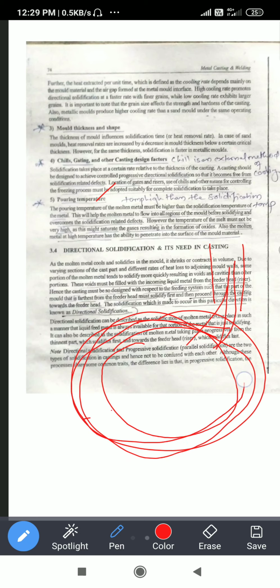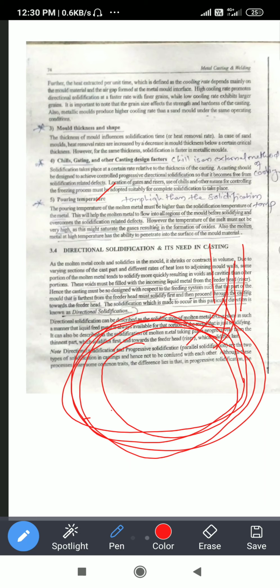Whatever gap remains may be filled by the reservoir. This is what is called directional solidification. The casting should be done in this manner so that the reservoir can easily fill the liquid into it.